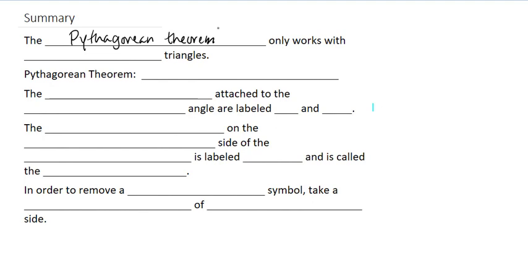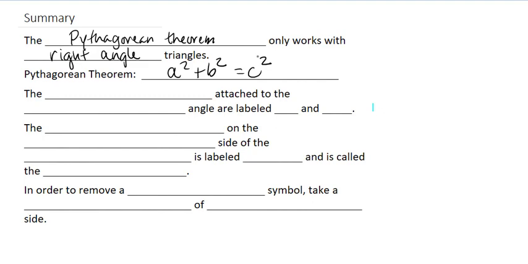And it only works on right triangles. And the formula is a squared plus b squared is equal to c squared. And so in order to use this, it's important to understand how to label the sides of the right triangle.